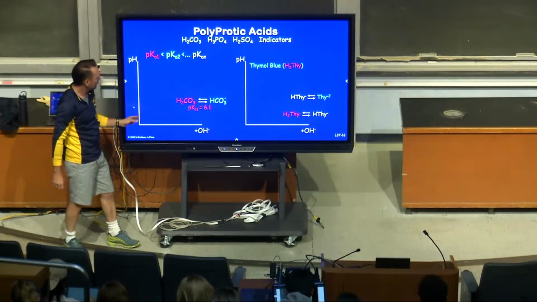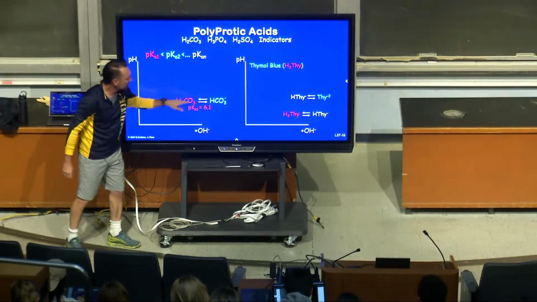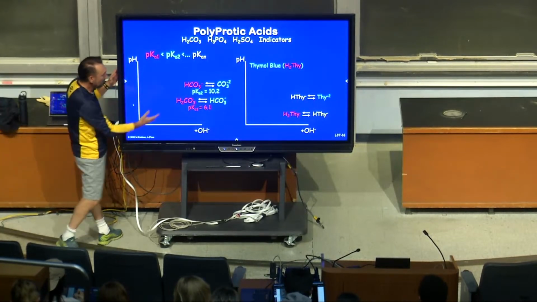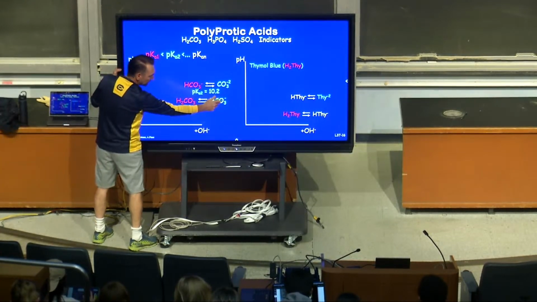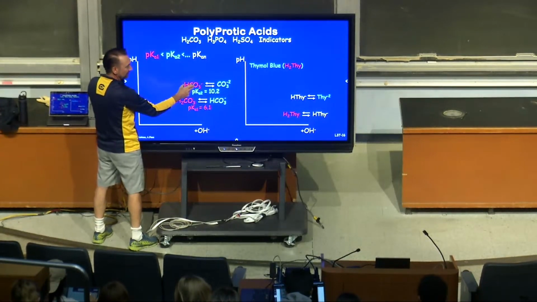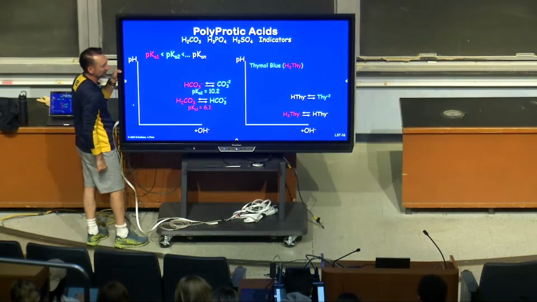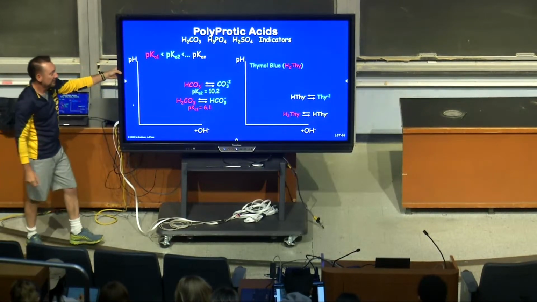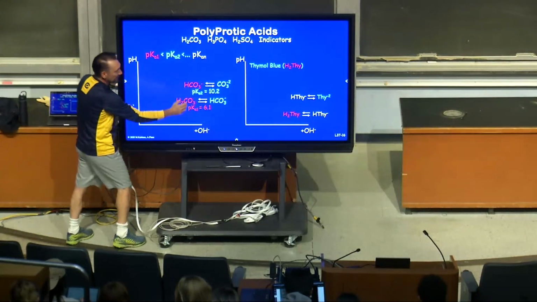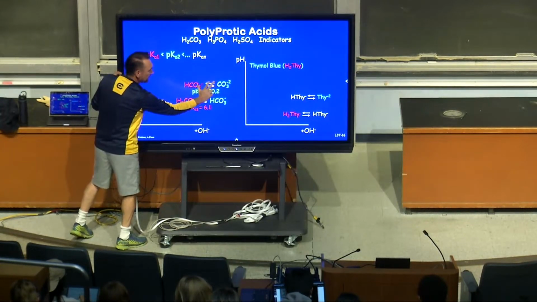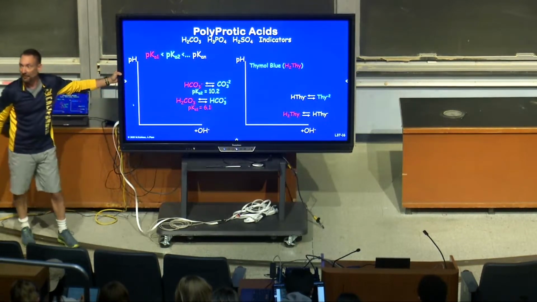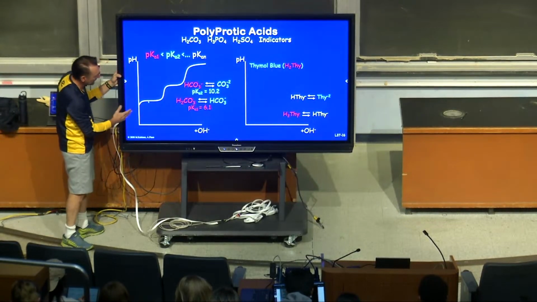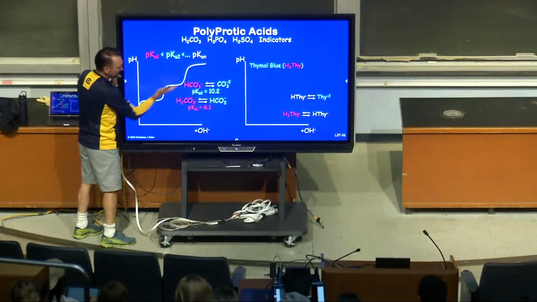And I could plot out just this part of the titration curve. But then what would happen is this would start acting like an acid. It can also give up a proton, but a much, much weaker acid. But that is a point in a buffer region where these two ions would buffer. So I think what you see what's going to happen is you'll get two buffer regions.